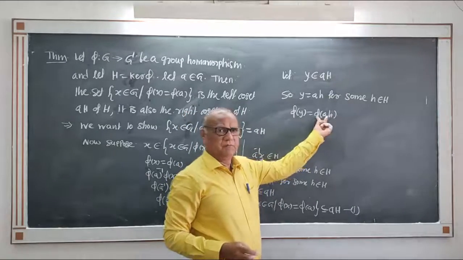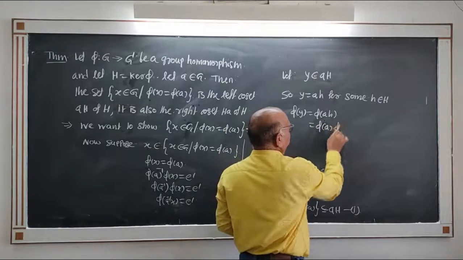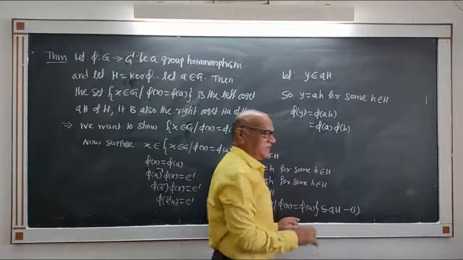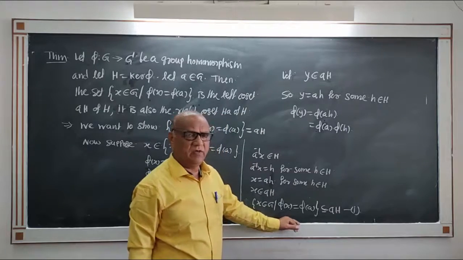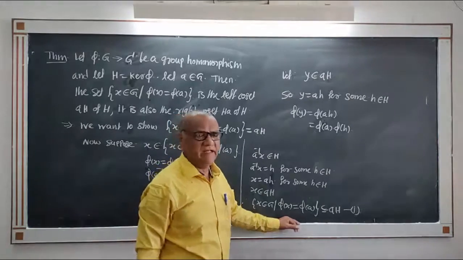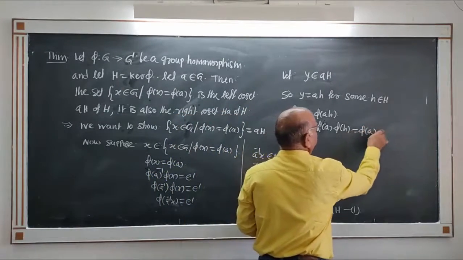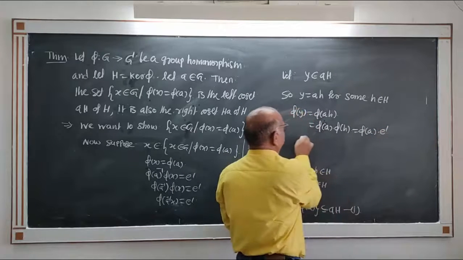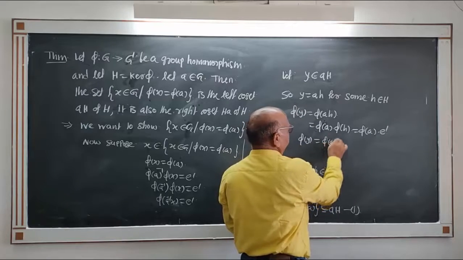Using the homomorphism condition, this gives phi of A times phi of h. But h belongs to H, and every element in H has image identity, and therefore this gives phi of A times E dash.